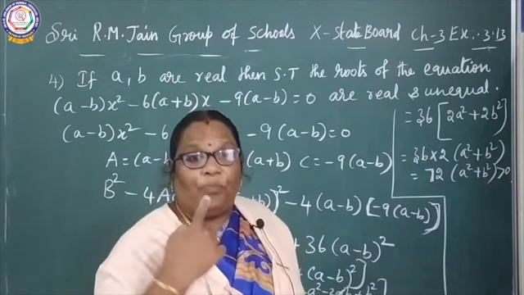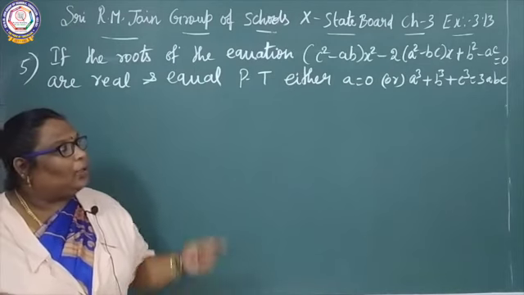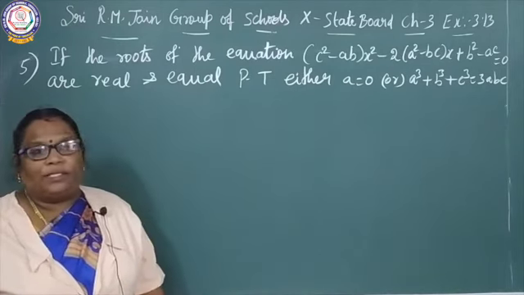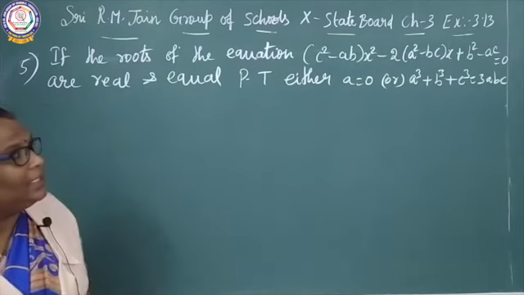See the fifth sum. If the roots of the equation (c square minus ab) into x square minus 2 into (a square minus bc) into x plus (b square minus ac) equal to 0 are real and equal, then either a equal to 0 or a cube plus b cube plus c cube equal to 3abc.